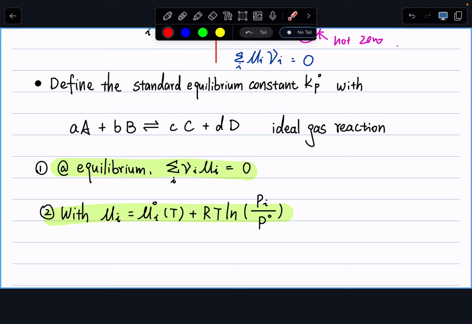For that chemical reaction, aA plus bB goes to cC plus dD, my stoichiometric coefficient for A is negative a, that for B is negative b, the stoichiometric coefficient for C is c, and that for D is small d. And I hope people in the back can see my handwriting. It's a little bit small.